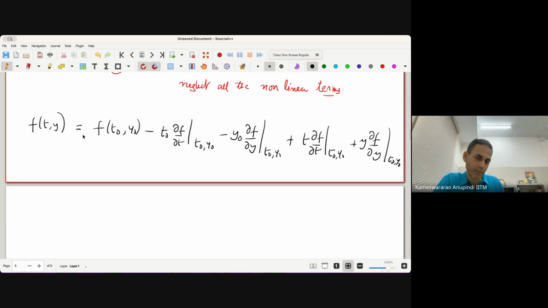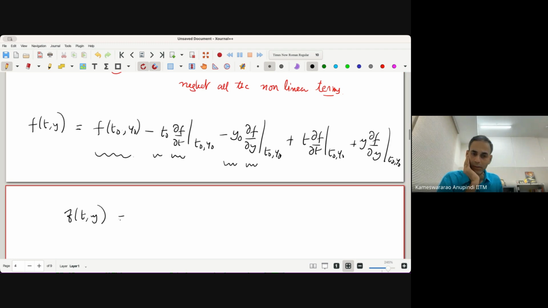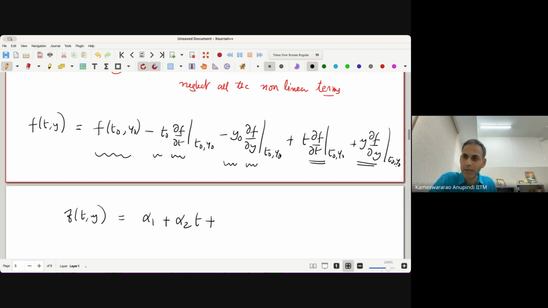Then essentially I can write this as, because this is a constant, right? This is already known. I'm evaluating a function at t naught comma y naught. Similarly, partial f partial t at t naught, y naught is a constant, and t naught itself is a constant, and y naught is a constant, and partial f partial y evaluated at t naught comma y naught is also a constant. So all these things are constant. So we can write f of t, y, which is the right hand side in the model equation, equals some alpha 1, that is a constant, plus another constant multiplied with t, so this is alpha 2 times t, plus partial f by partial y, which is a constant.